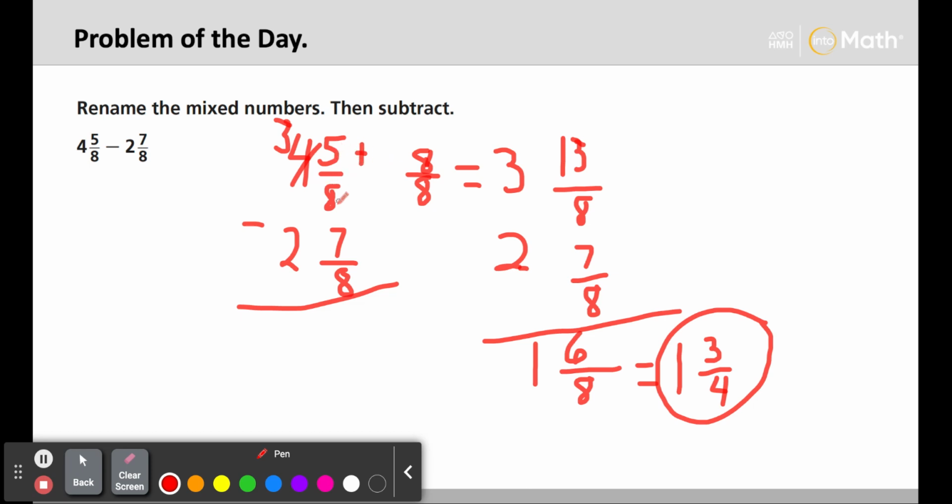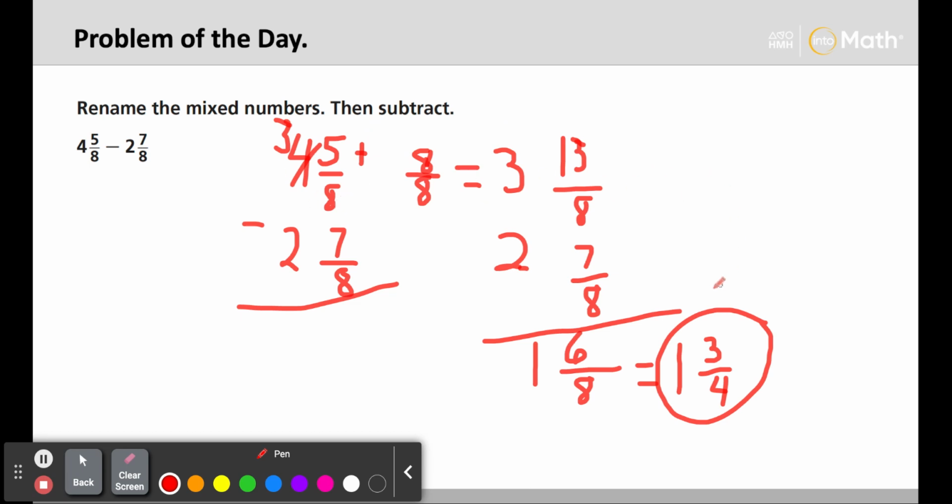So I added the 1 whole, which is 8 over 8, to the 5/8, which gives me 5 plus 8 is 13. Keep the 8. And now my 4 becomes a 3 because I borrowed one of the groups. So I could regroup this.